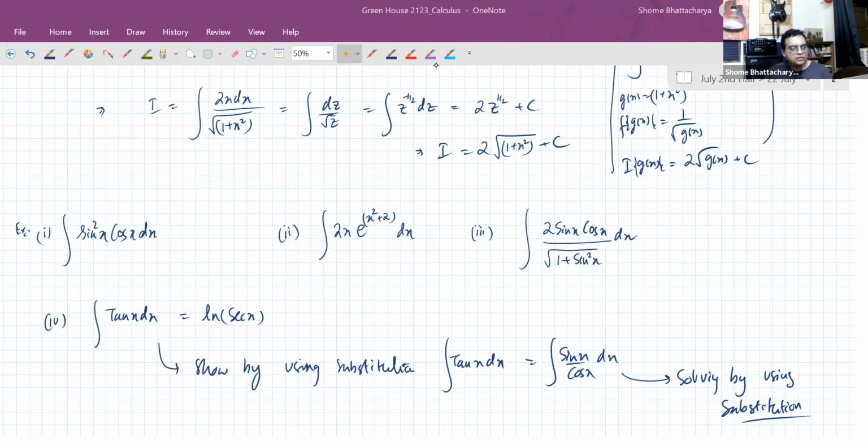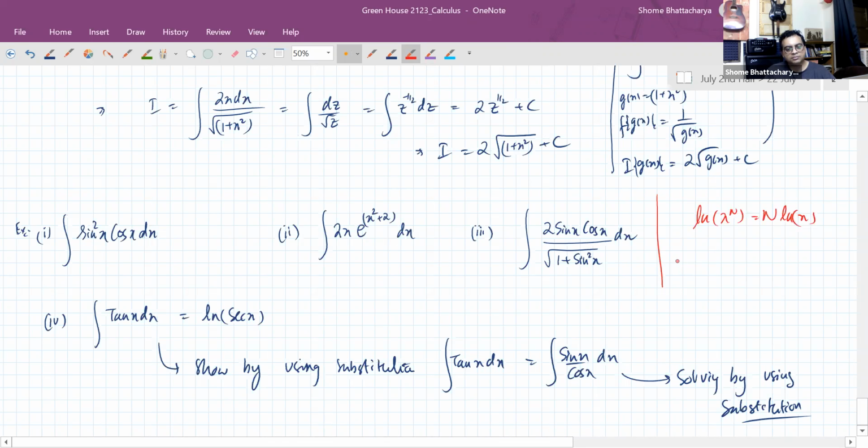So minus ln cos x, Vedant, is ln sec x only. You just take the minus sign inside the ln, so it becomes a power. You use this property of ln, that ln of x to the power n is n ln x.